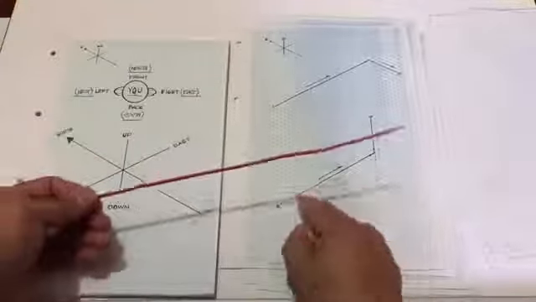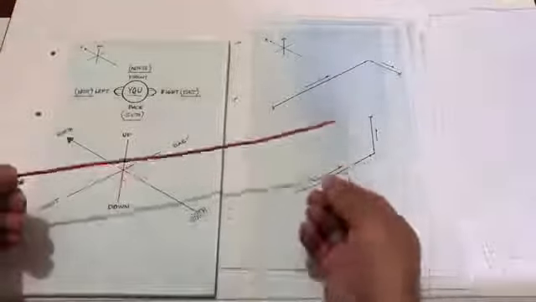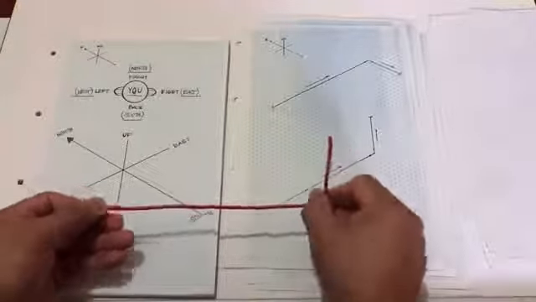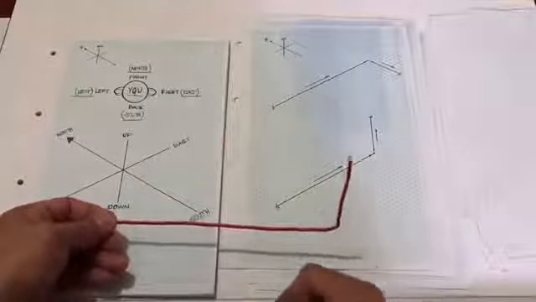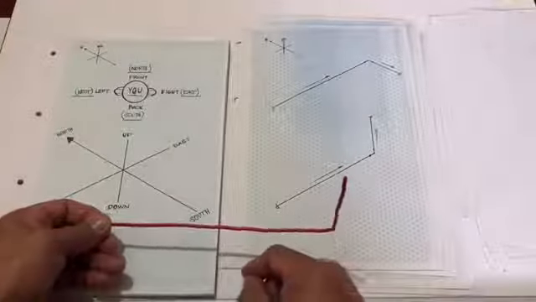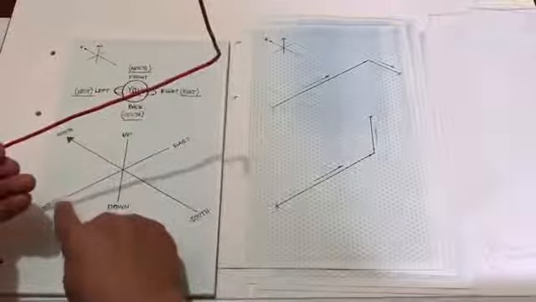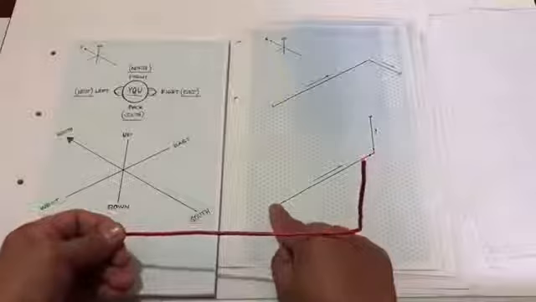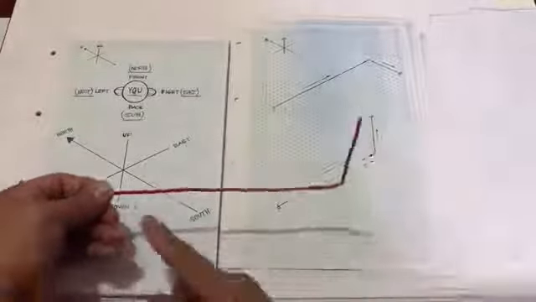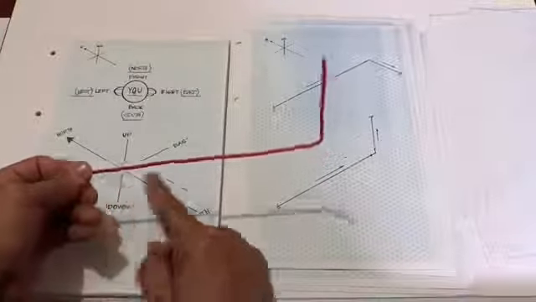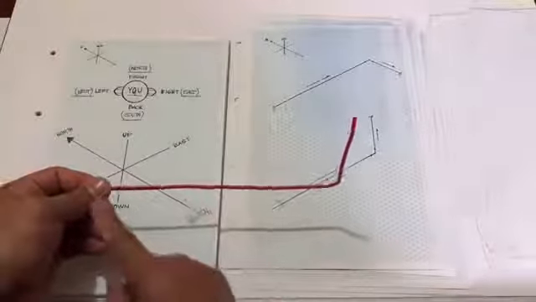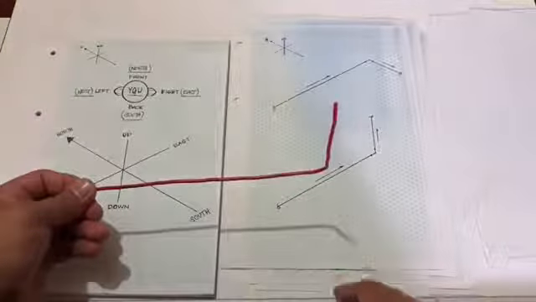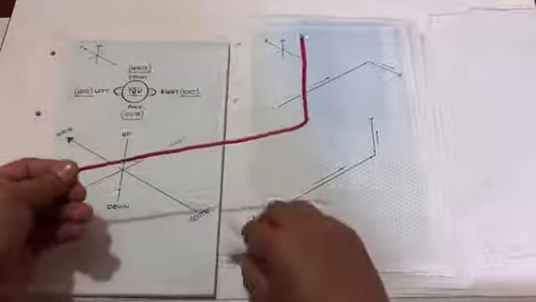Another one, from the west to the east and it bends up. Right? From the west to the east, or from the left to the right, it went up. Right? So it goes that way.